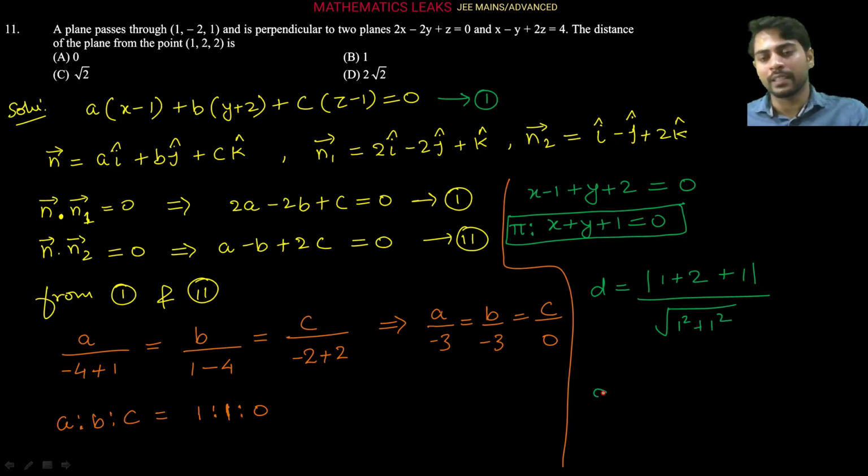So the distance between this point and the required plane comes to 4 upon root 2. This can also be written as 2 root 2. So our answer will be option D.